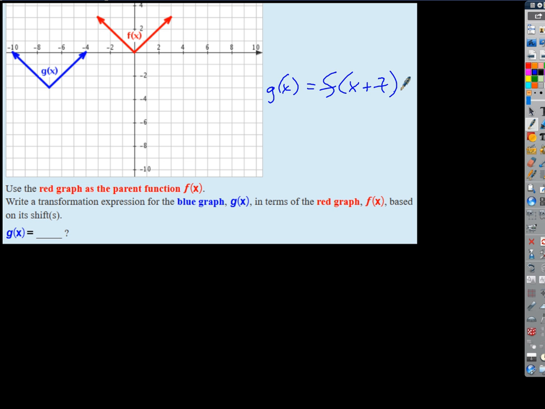Plus 3. Minus 3, okay, good. And the reason we get that is because h and k have values of, those are just the coordinates of that point right there, aren't they? Right, that's how far it's been slid from 0, 0. So that's just negative 7 and negative 3, right? No biggie.